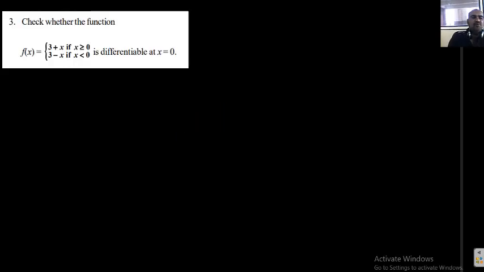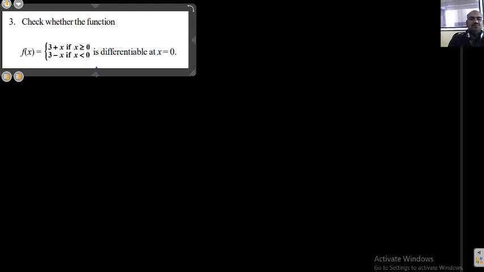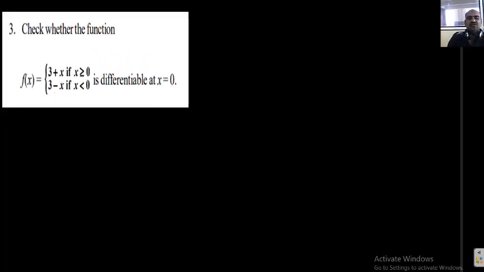So here is one example problem, students. Check the differentiability of this function at x equal to 0. Easy problem. First of all, I want to check the continuity. At 0 only, I want to find f of 0 plus.